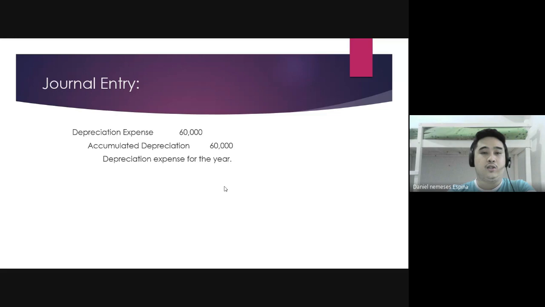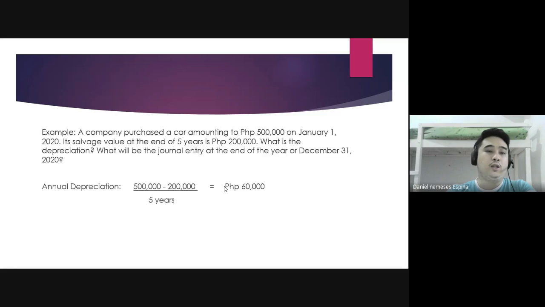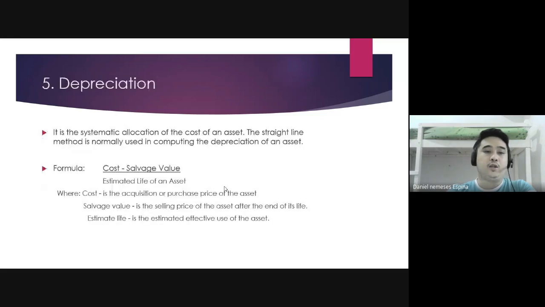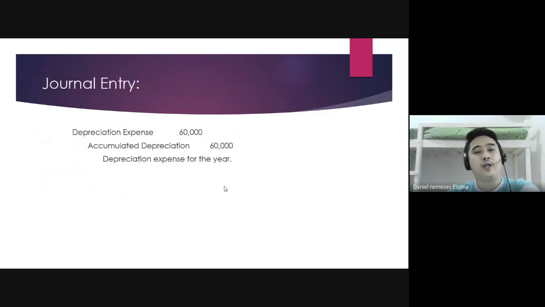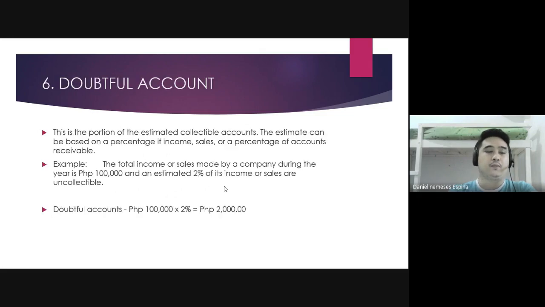For example, if you started this in 2020, the next year, 2021, you're going to journalize this again, 2022, the third year, 2023, the fourth year, 2024, the last year. So you're matching the expense with the benefit from that asset.